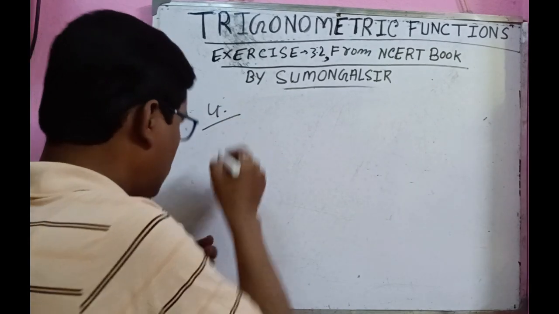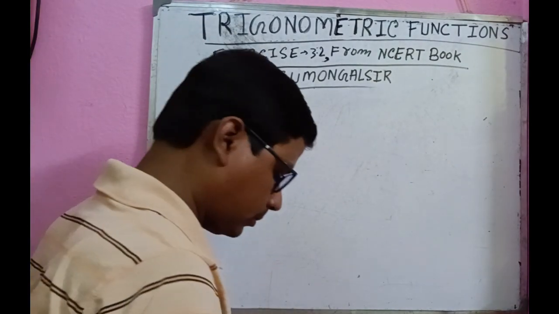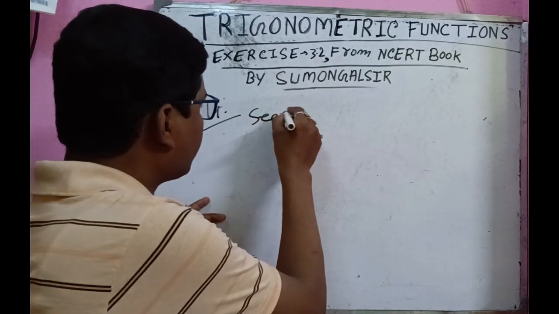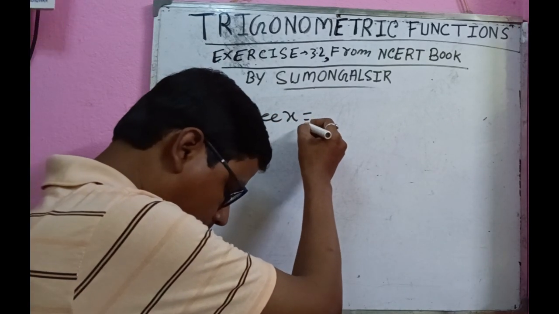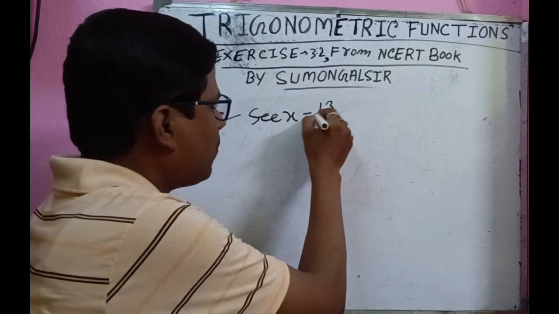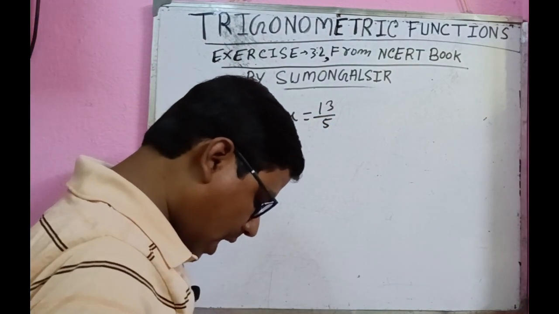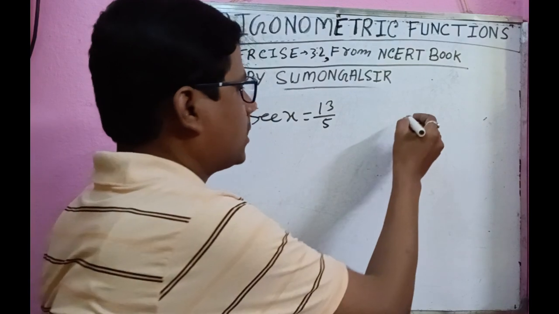Question number 4. Sec x is equal to 13 by 5, and this lies in the fourth quadrant.